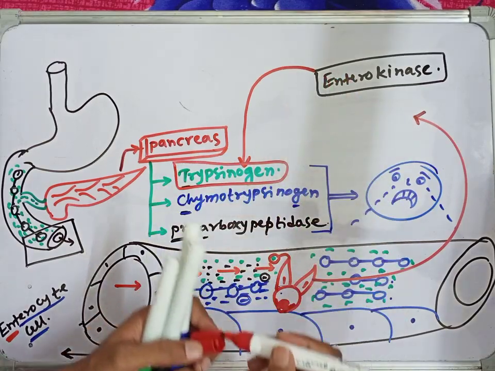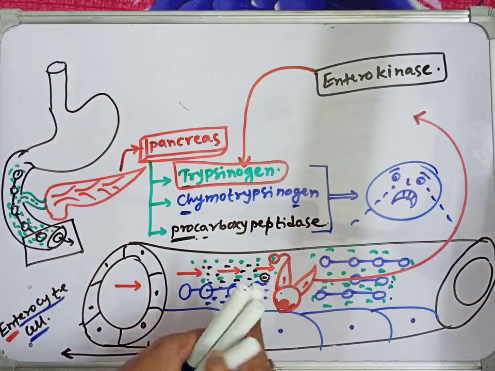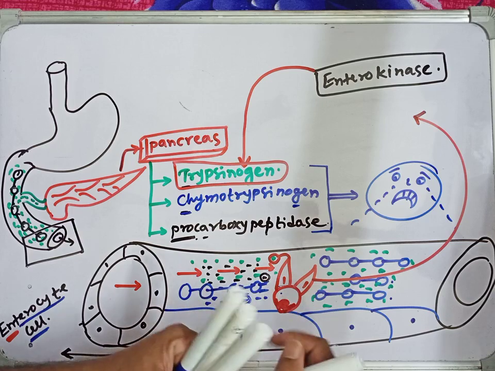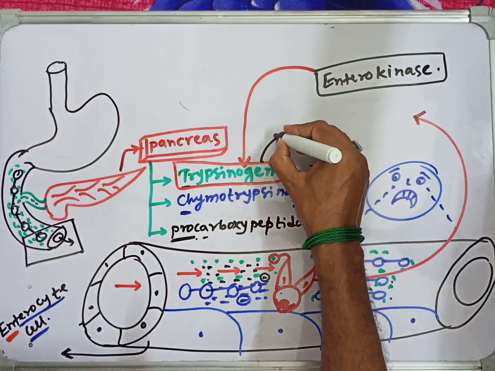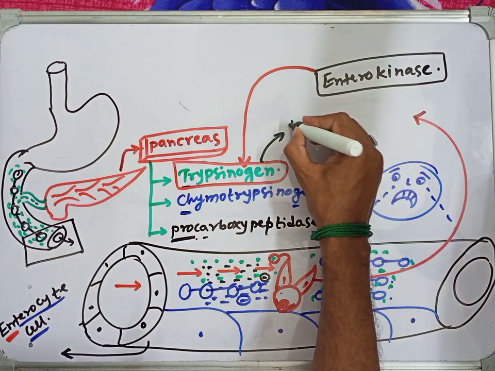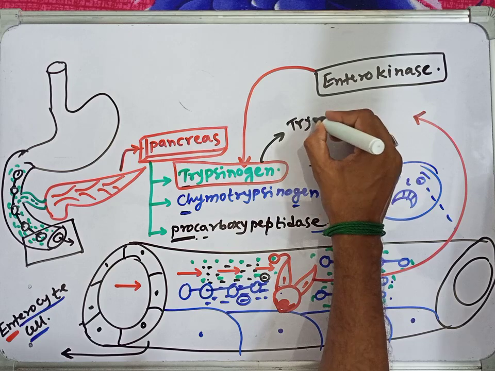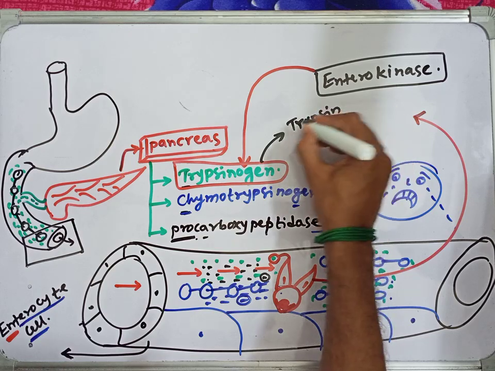When this enterokinase acts on trypsinogen, then trypsinogen is converted into the active enzyme called trypsin. Trypsin, right?